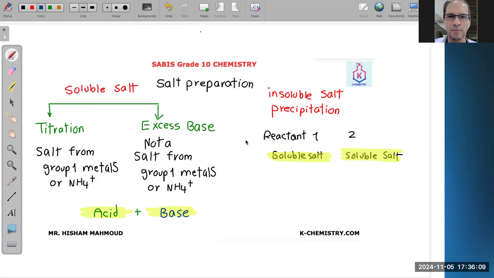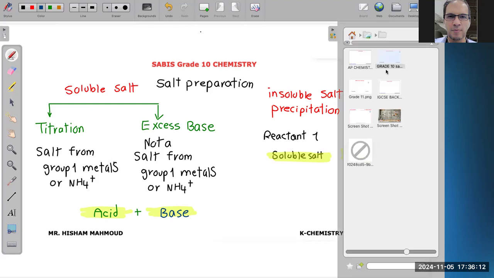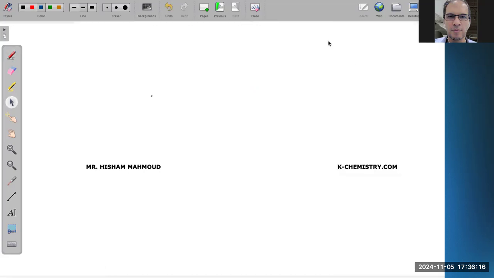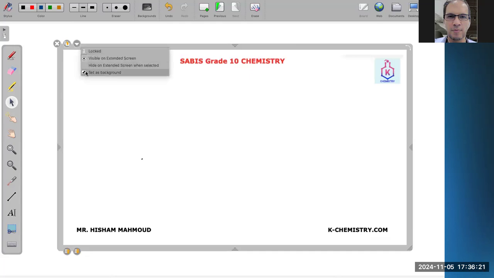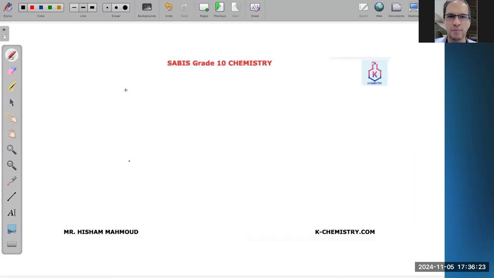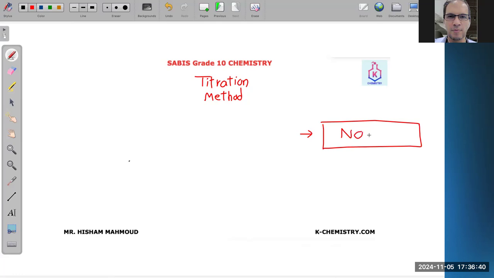Okay, let's see how we will do the titration method. Titration method is done by mixing again. This is my product. Titration method is the method used to prepare soluble salts from group 1 or from ammonium. So this is my product. For example, I have NaCl. I want to prepare NaCl.